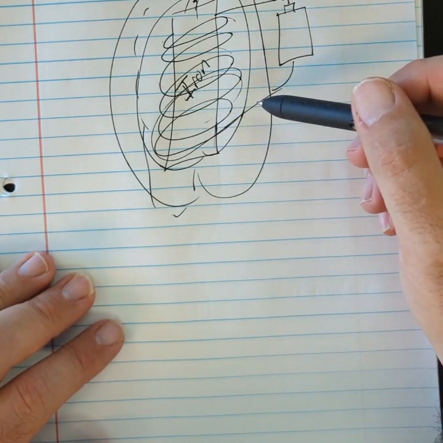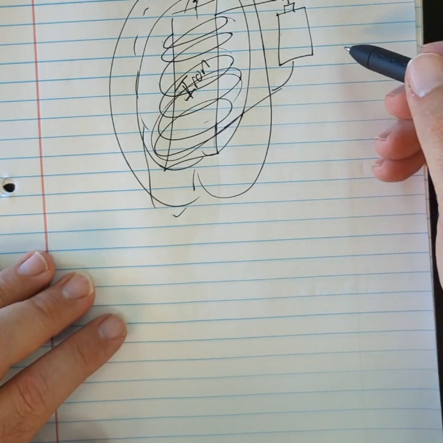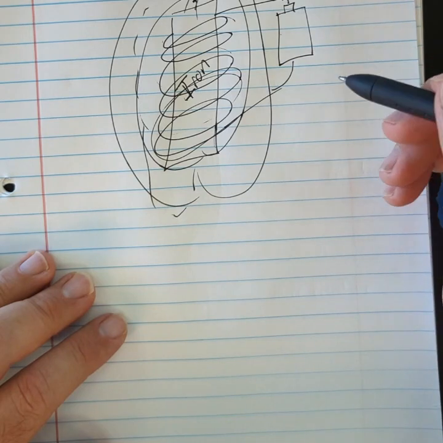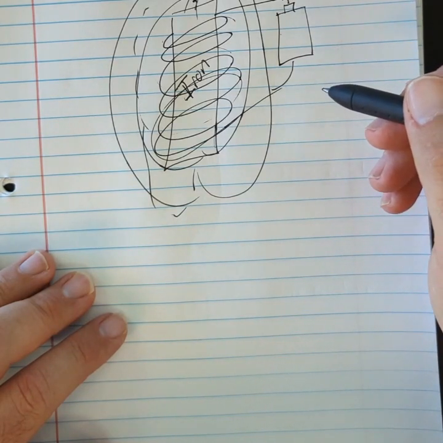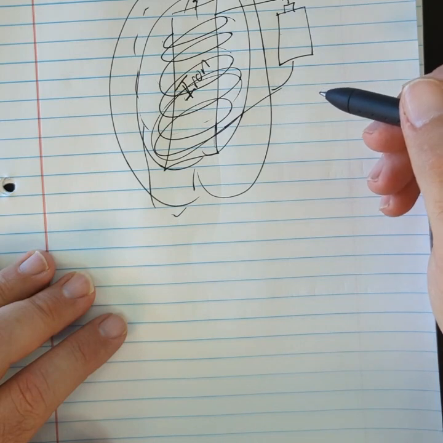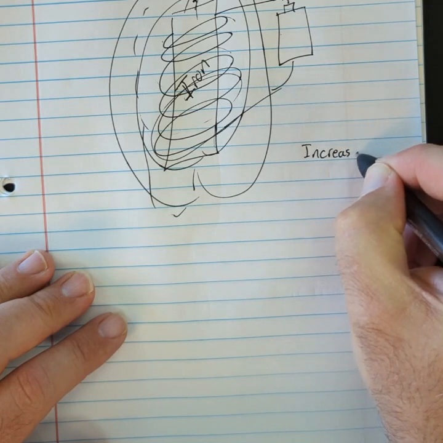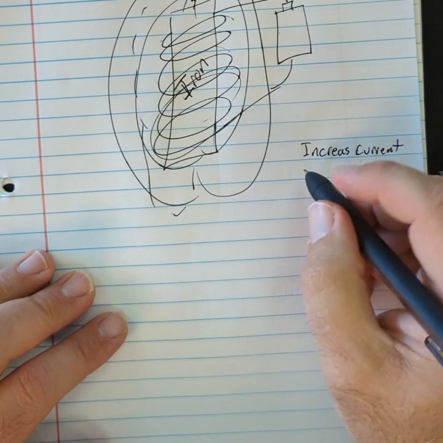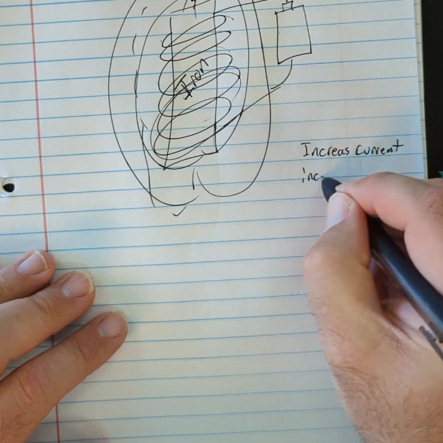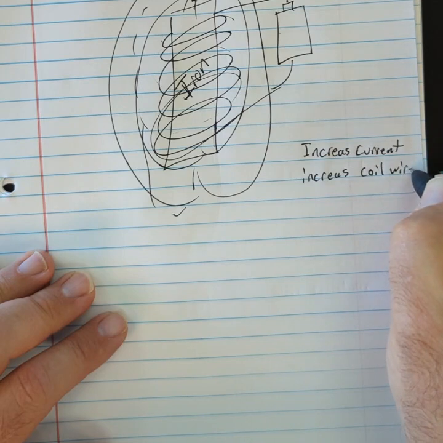Okay, now if you want the magnet to be stronger, then you could increase the current, or you could increase the coils of wire.